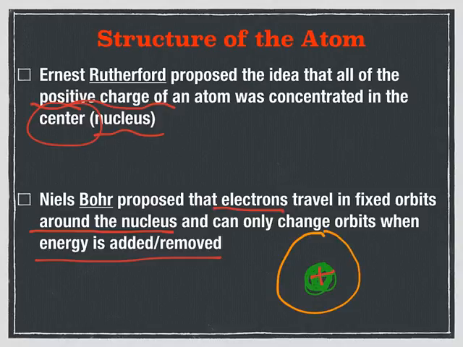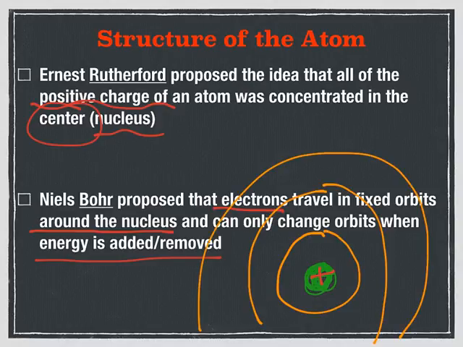And these rings are around the nucleus, and they go all the way around it. And that's where the electrons live. Okay, so maybe there's some electrons on this ring, there might be some on this ring, and the electrons are always going to be on one of these rings or orbits. That would be the Bohr model.